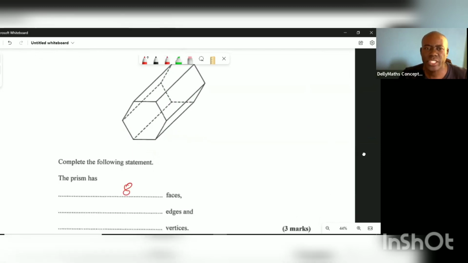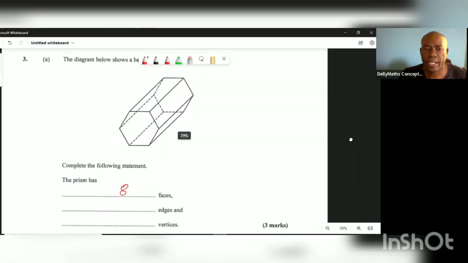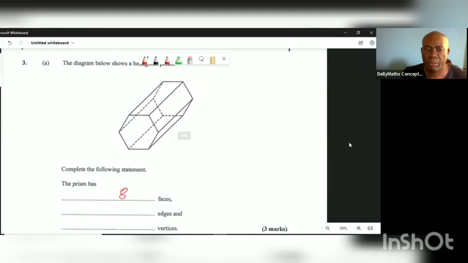In terms of edges now, when we talk about an edge, you're talking about where 2 faces would have met. So an idea is this is an edge. So that's 1 edge, 2, 3, 4, 5, 6 edges there. And those are from those strips.